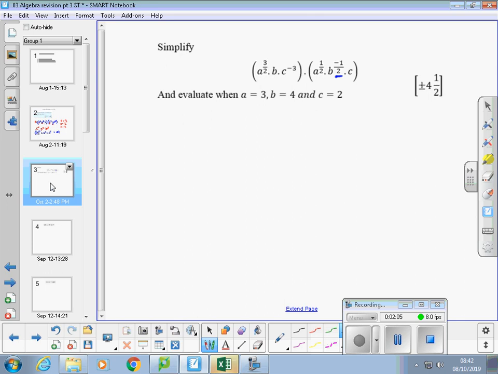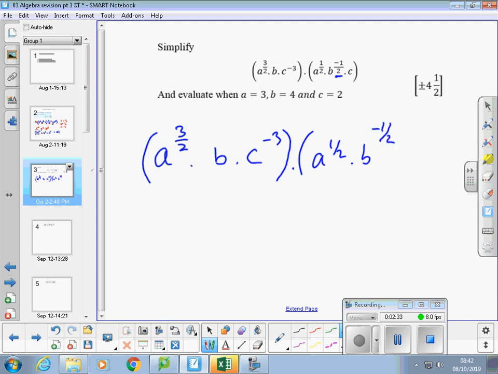All right. So we've got a to the 3 over 2, times b, times c to the minus 3, and all of that is multiplied by a to the half, b to the minus a half, times c.